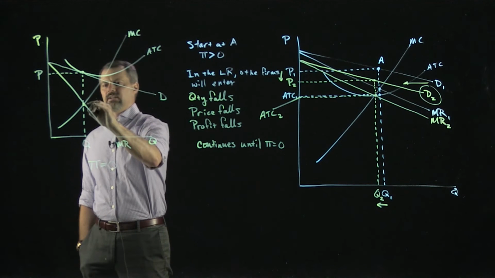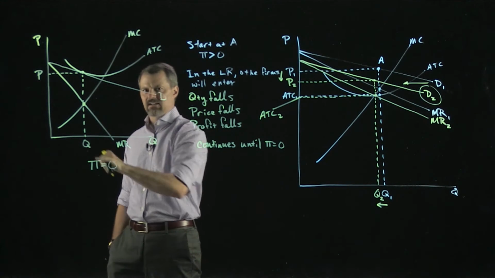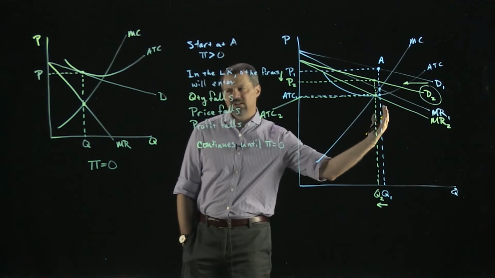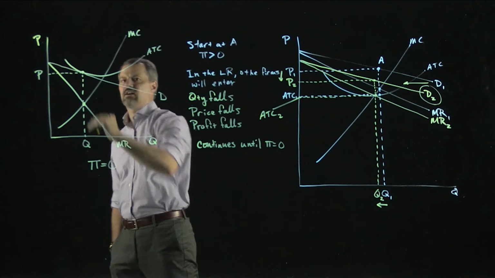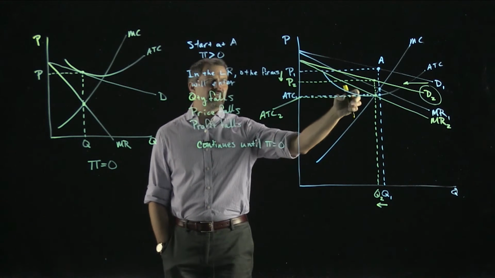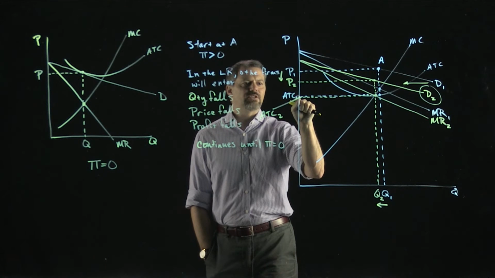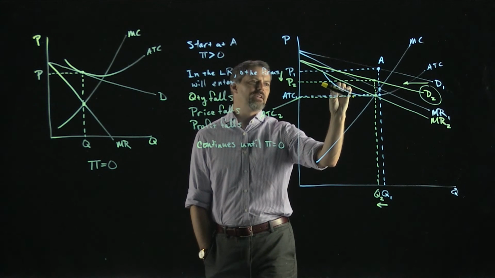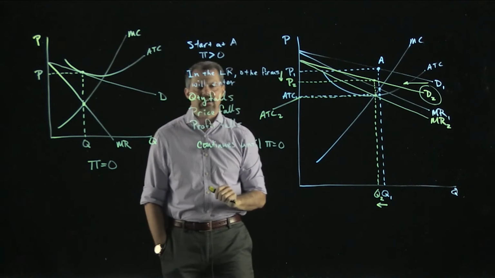The key here is that marginal revenue and marginal cost are equal at the profit maximizing quantity. So this process will continue until this residual demand curve has shifted enough to bring profit equal to zero. What you would see if we continued this is that as price falls, average total cost is going to start to rise, and they're going to come together right at the place where that residual demand curve would end up being just tangent to that average total cost.